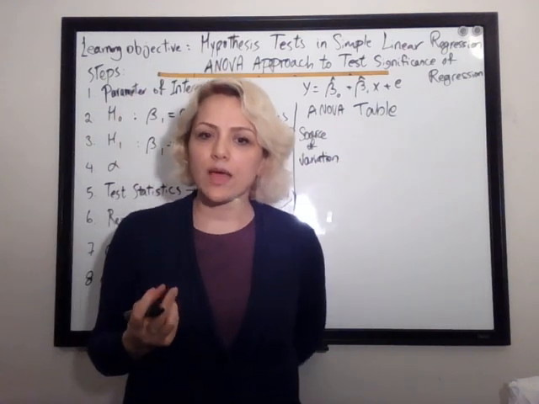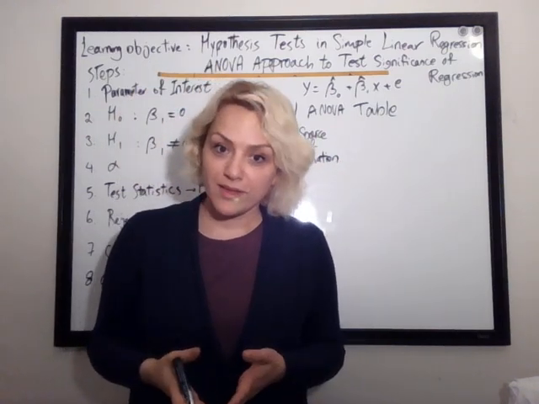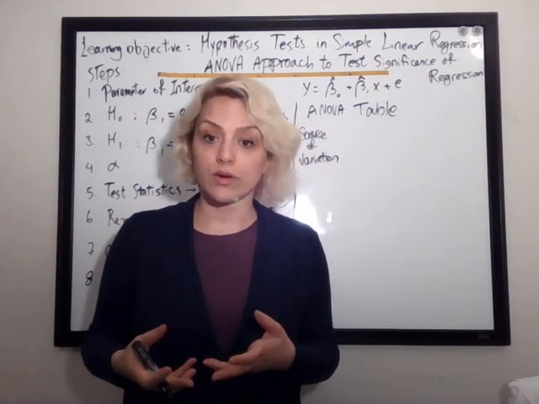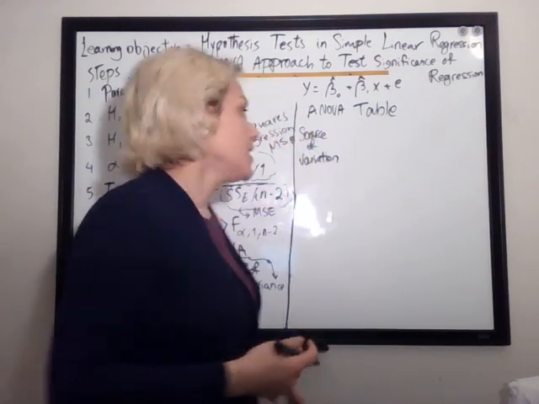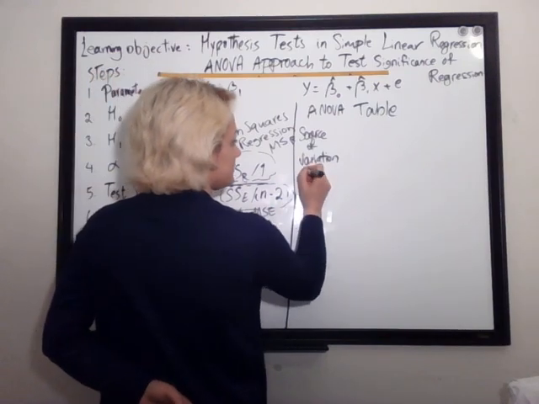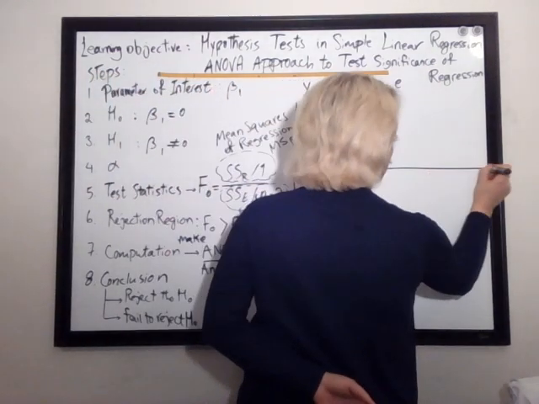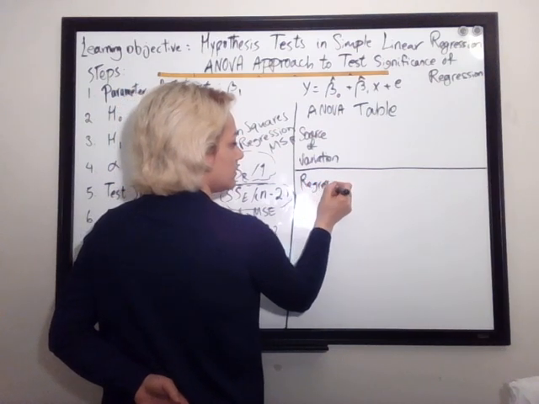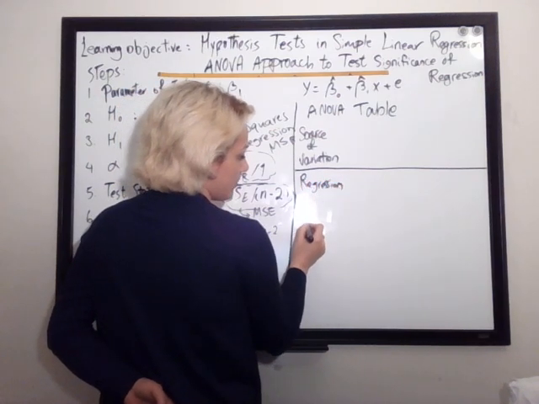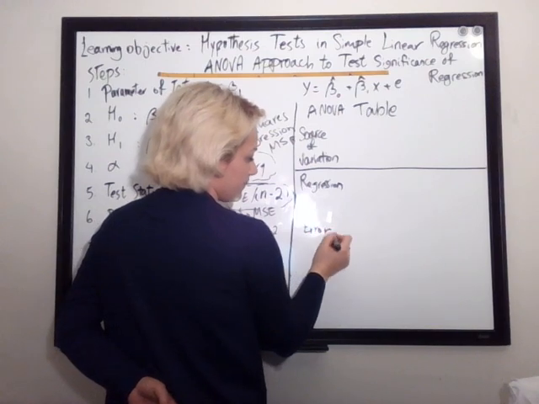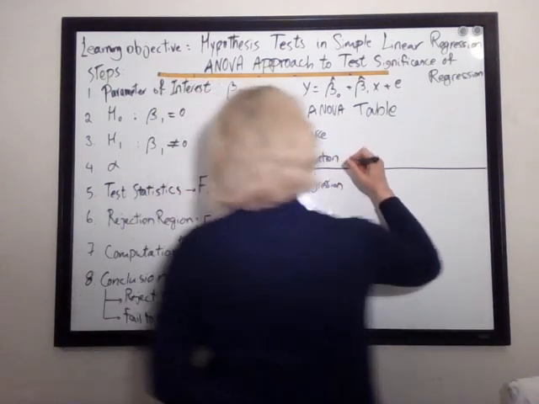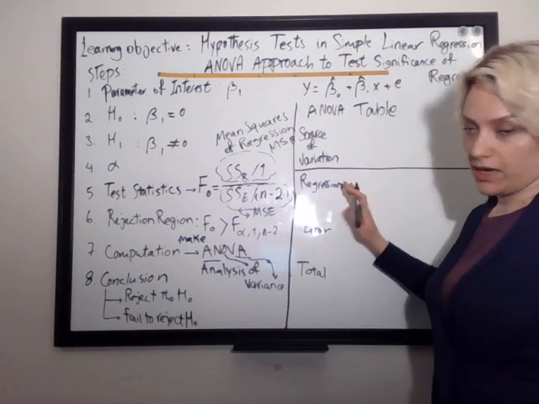It means that, for example, your regression, all of the regressors, are a source of the variation, or your error is a source of the variation. So it can be my regression, or it can be my error, and then I have the total source of variation as well. That's the first column.